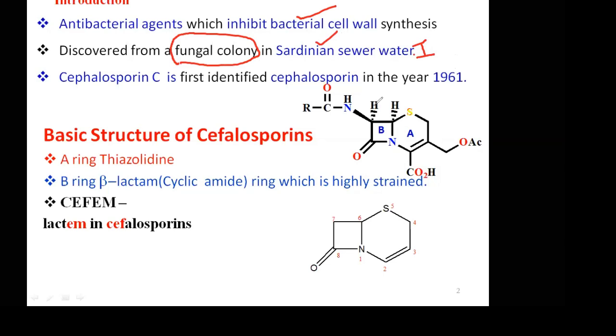Now, the first identified penicillin is penicillin G. The same way, the first identified cephalosporin is cephalosporin C. In 1961, it was identified.